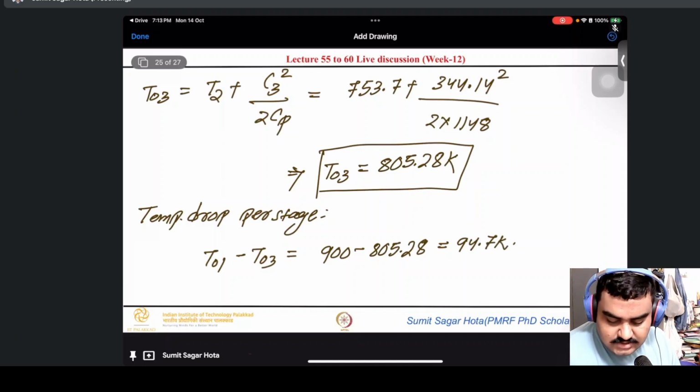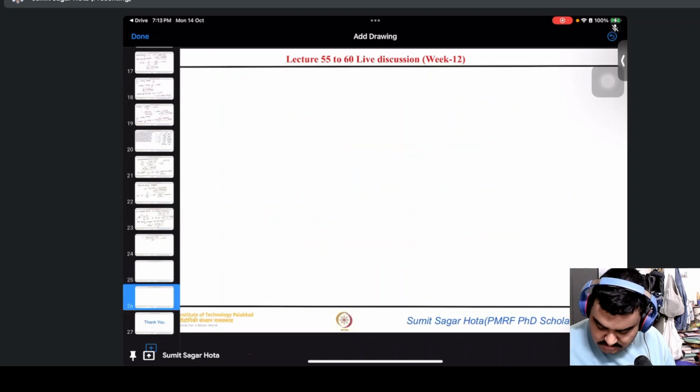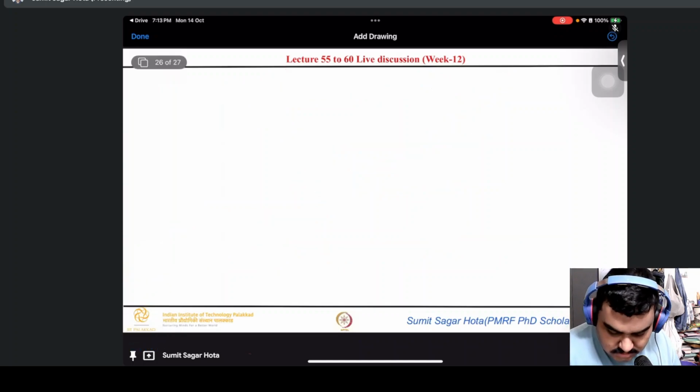So number of stages required for the turbine is what? This is the required thing, this is what is asked in the question.